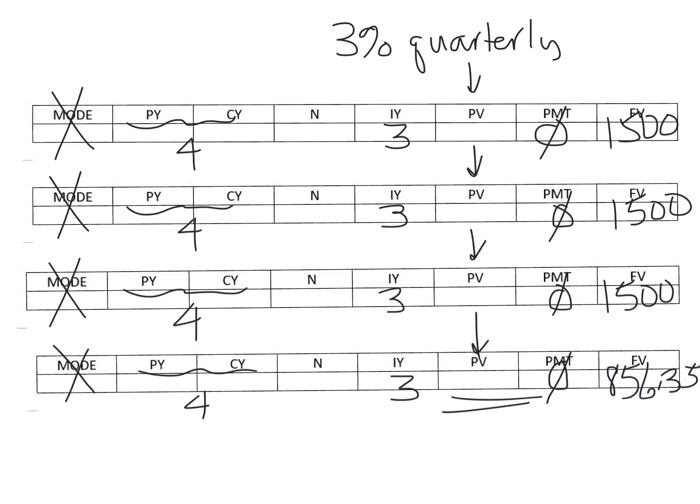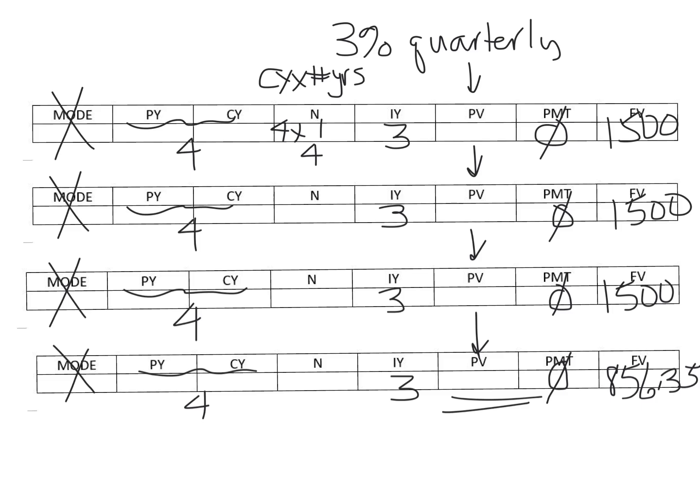So in the case of the first $1,500, if we say that was the value at 1 year, we're going to be moving it back just 1 year, and our N calculation is C/Y, or the compounds per year, times the number of years. So in this case, we have 4 times 1, which will give us an N of 4.